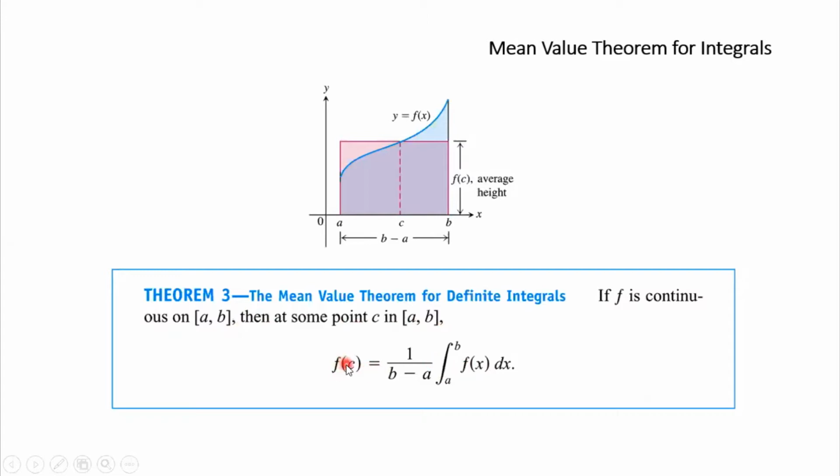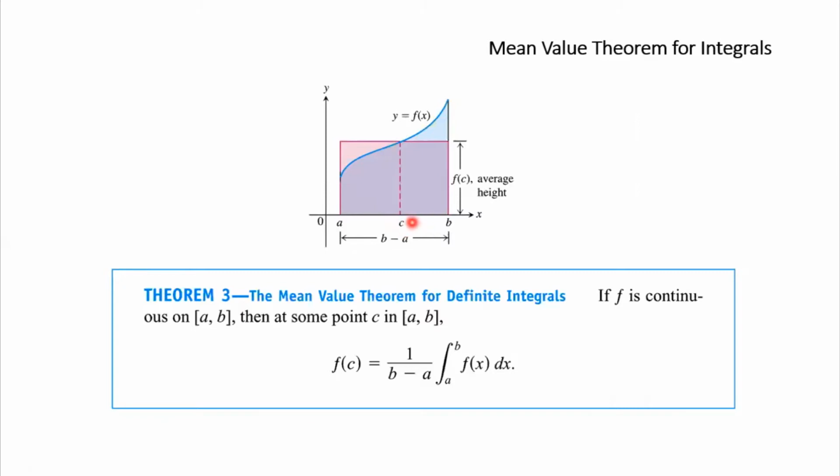Now, what is f of c? By just looking at this geometric interpretation, suppose we have a function y equals f of x, and the graph of y equals f of x is this one. Then we have the closed interval a and b. So that means the function is continuous on the closed interval a and b.